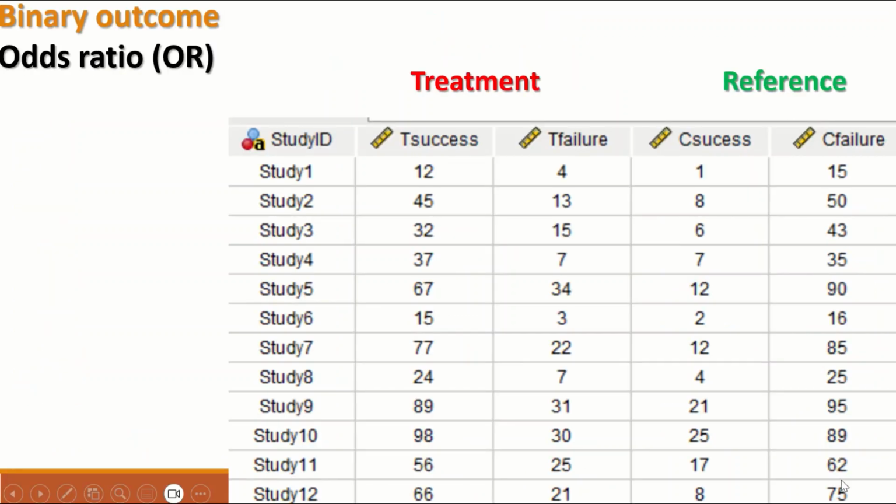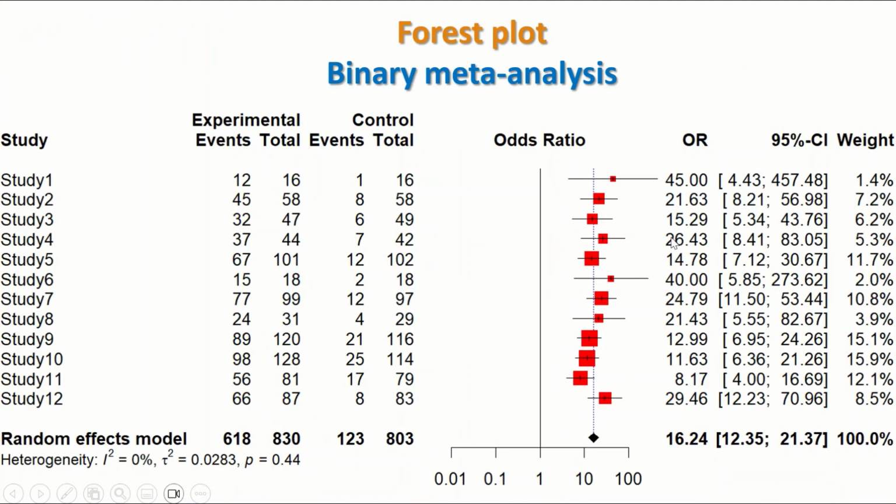If the outcome is binary, which has 2 levels in it, and the effect size is the odds ratio, as shown here in this data set: two groups, treatment and reference, and the event occurring in the treatment group is counted and the event occurring in the reference group is counted. Then a forest plot can be generated from a binary meta-analysis in a layout as shown here: descriptive statistics, diagrammatic representation, and overall and heterogeneity.